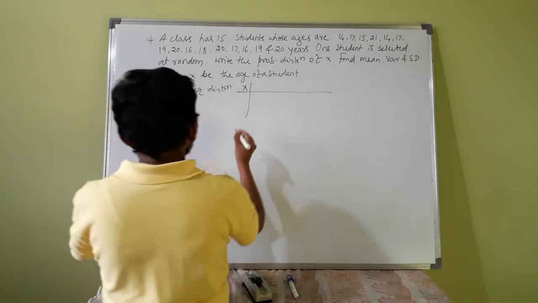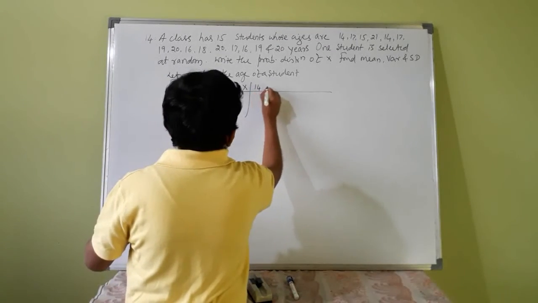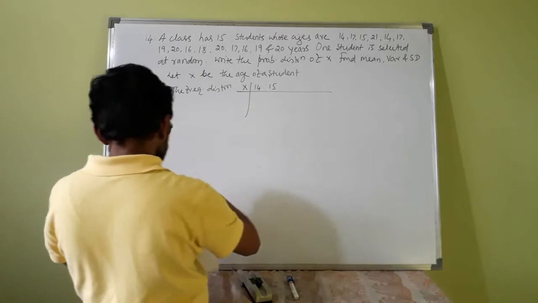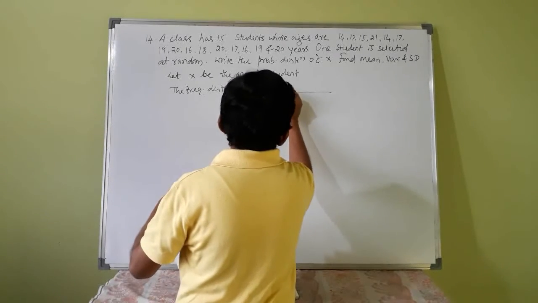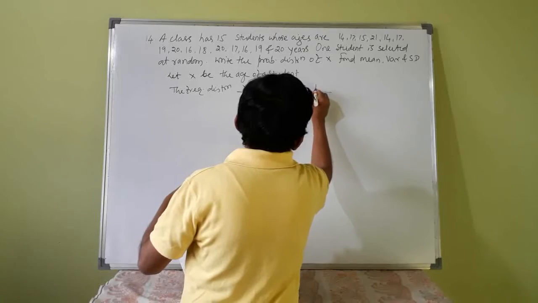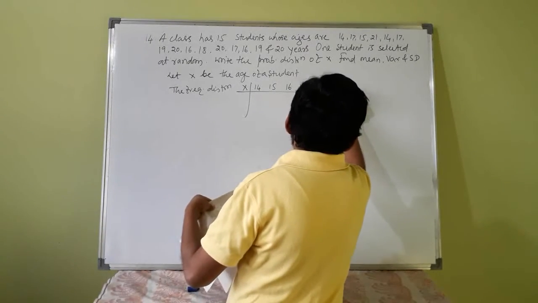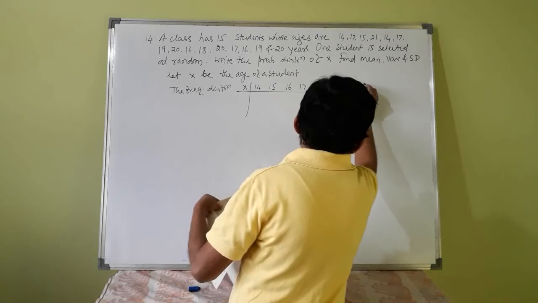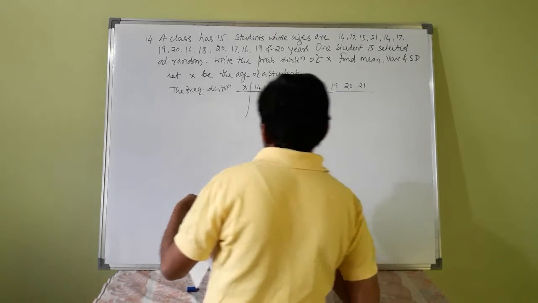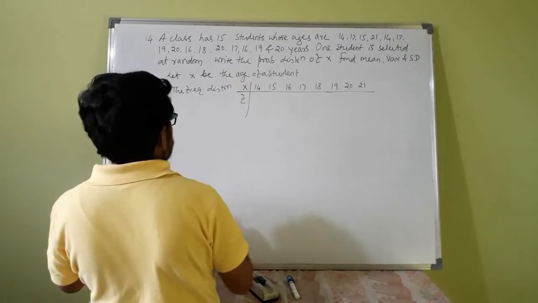I work out here 14, 15, 16, 17, 18, 19, 20 and 21. Okay, so frequencies are number of repetitions.